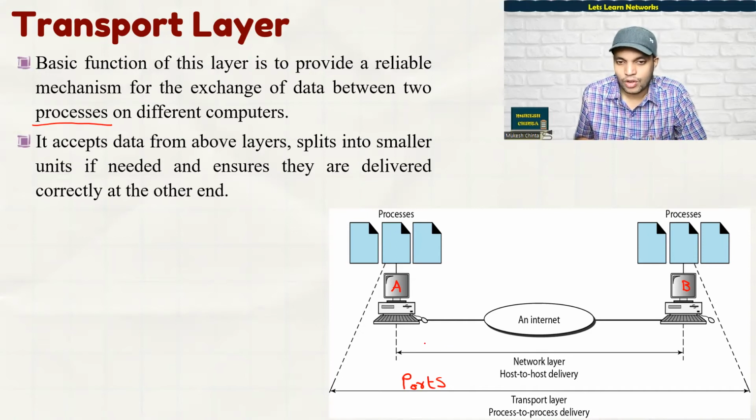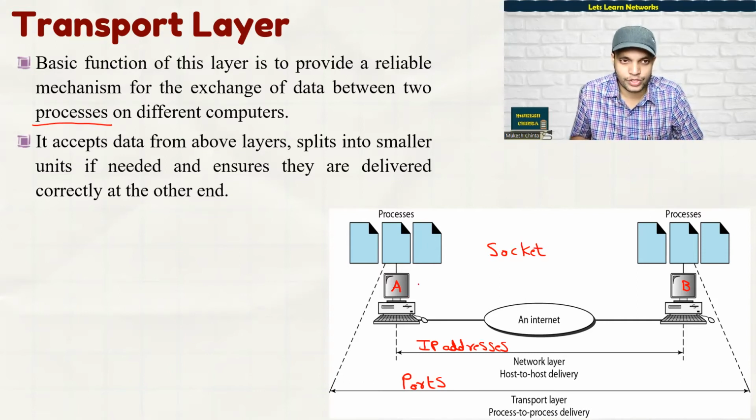At the network layer, we use the concept of IP addresses to identify the host. And at the transport layer, to identify which process the data should be delivered to at the destination, we use the concept of ports. A port and an IP address put together is also called a socket address. Generally, a socket is defined as the endpoint of communication.